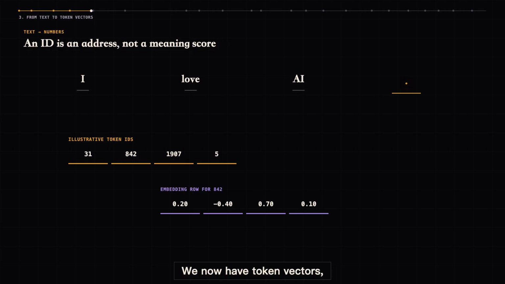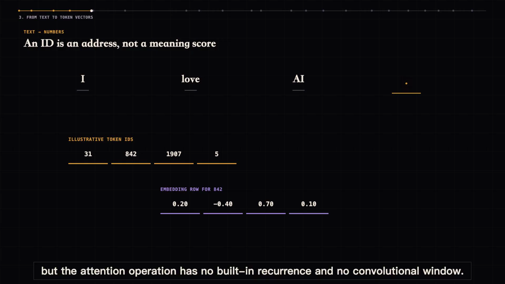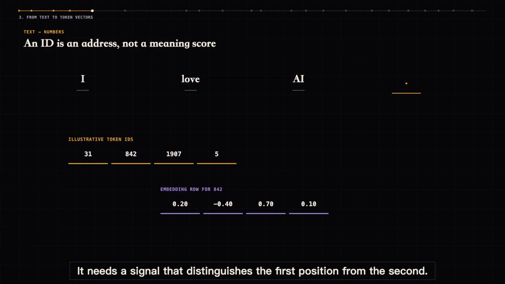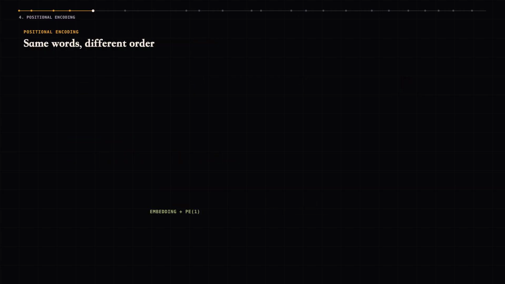We now have token vectors, but the attention operation has no built-in recurrence and no convolutional window. It needs a signal that distinguishes the first position from the second. Consider these 2 sequences: dog bites person and person bites dog.